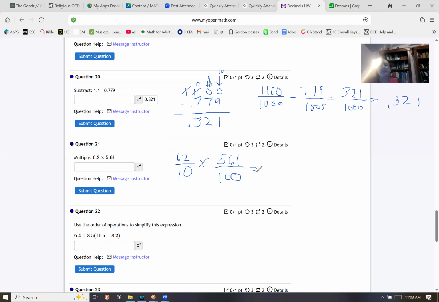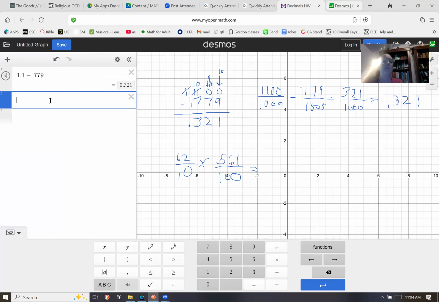And now you take the 62 times the 561 and multiply those whole numbers. I'm just going to throw it on Desmos. So that's 34,782.